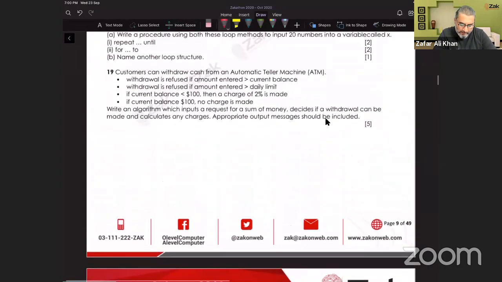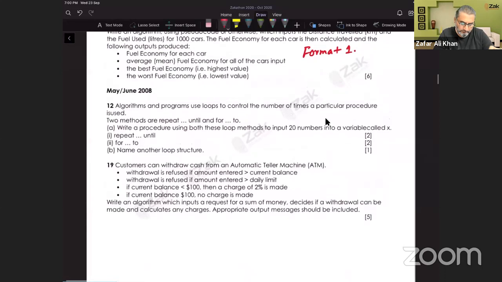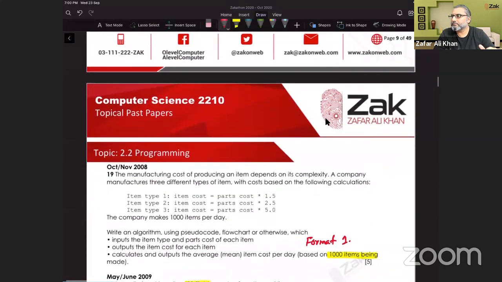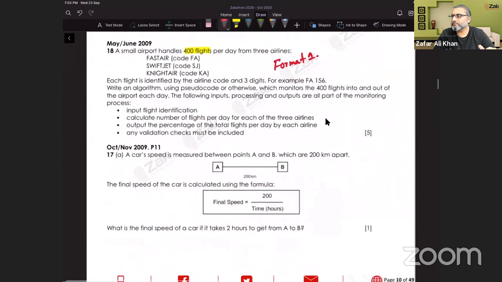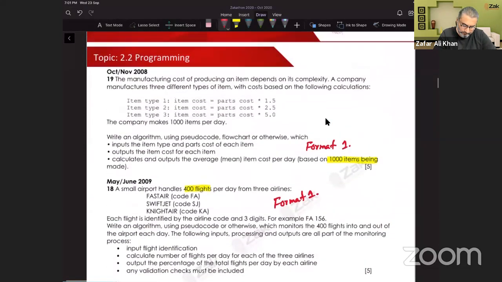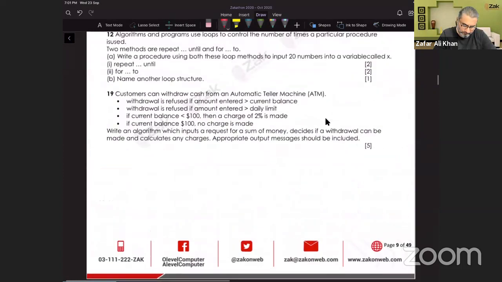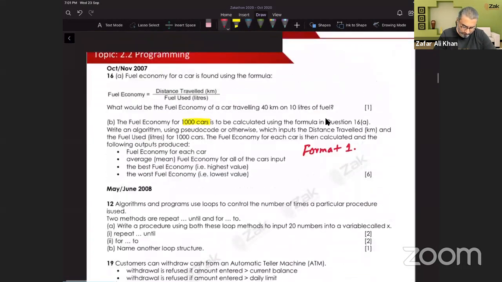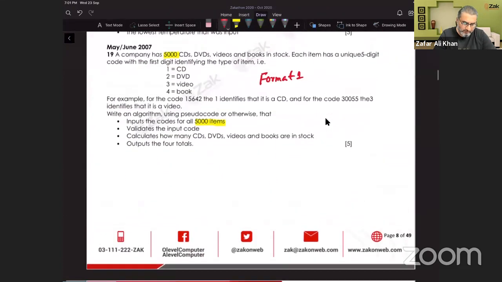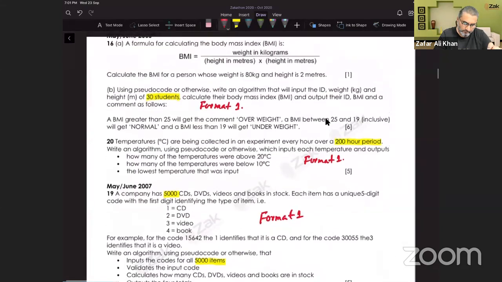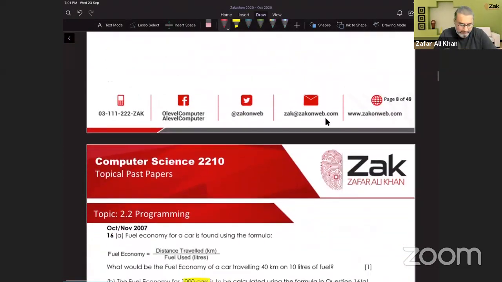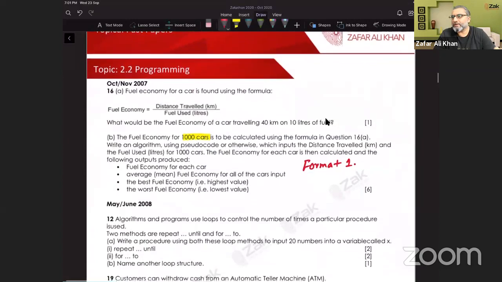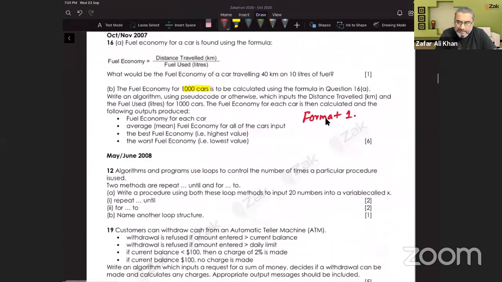So let's solve a question. Fuel economy for a car is found using the formula: fuel economy is equal to distance traveled in kilometers divided by fuel used in liters.